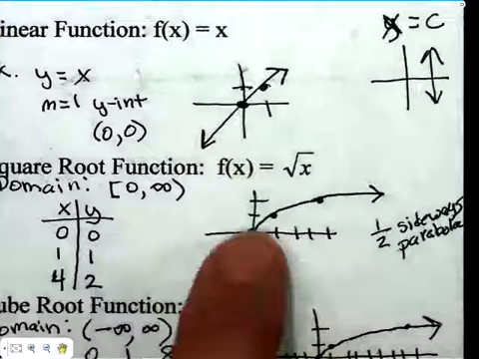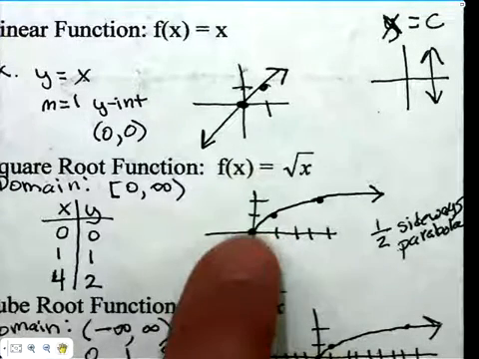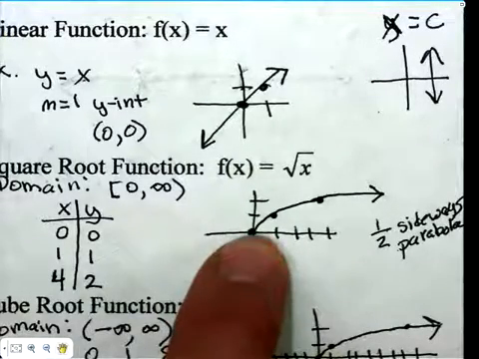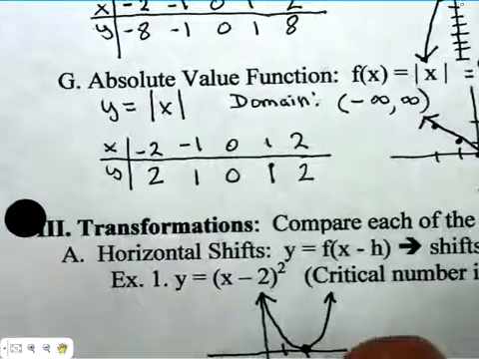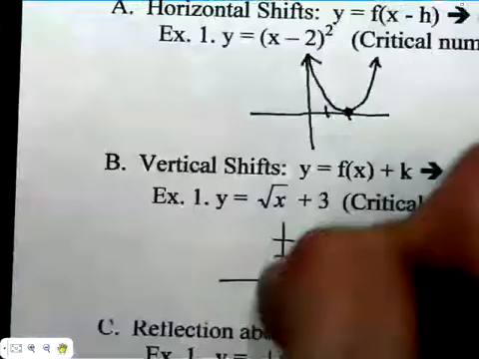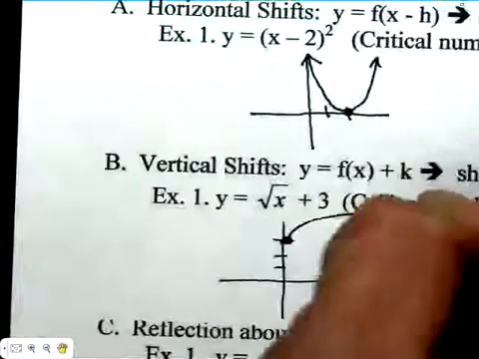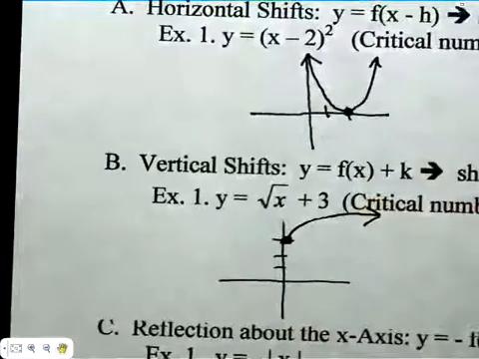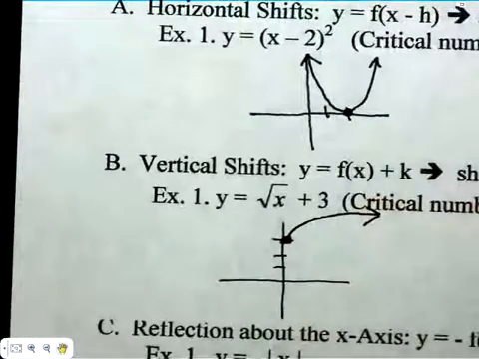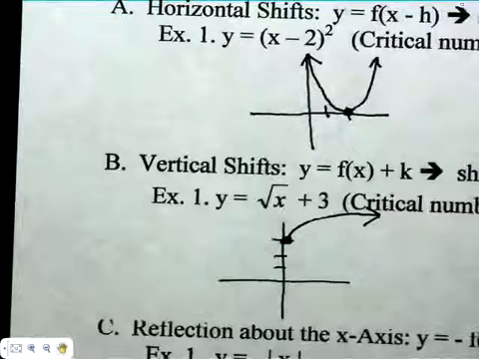Instead of the leftmost point being (0, 0), if you shifted that up 3, where would that point be? (0, 3). And then just attach the same sideways half parabola. The horizontal shift works the opposite of what you would expect, but the vertical shift, adding does move it up, subtracting does move it down.